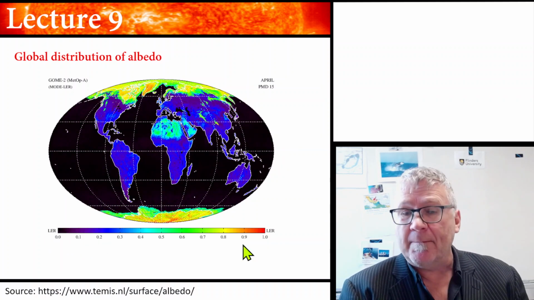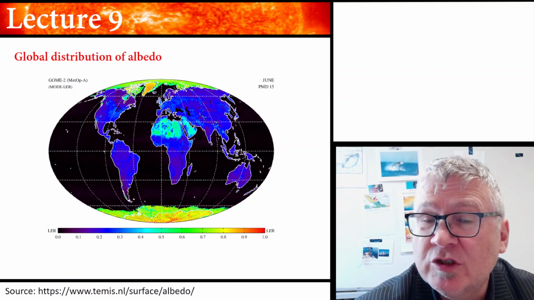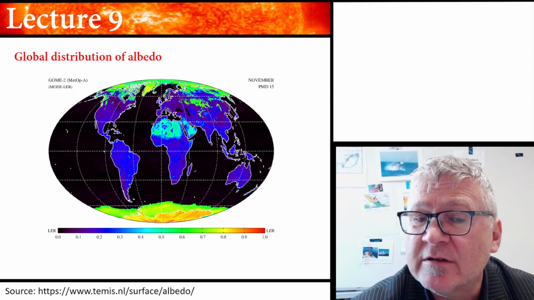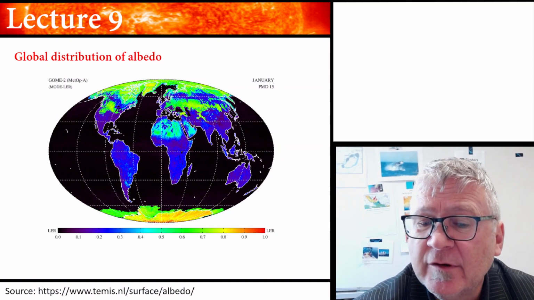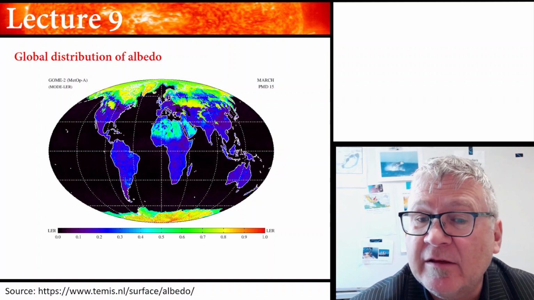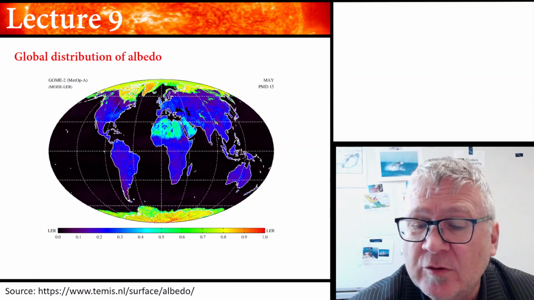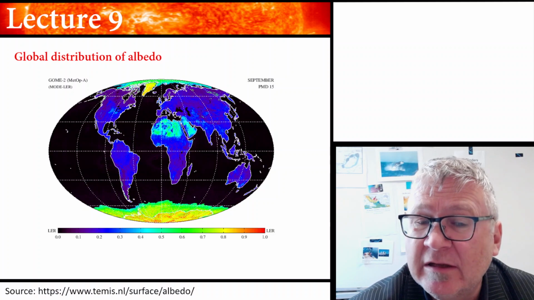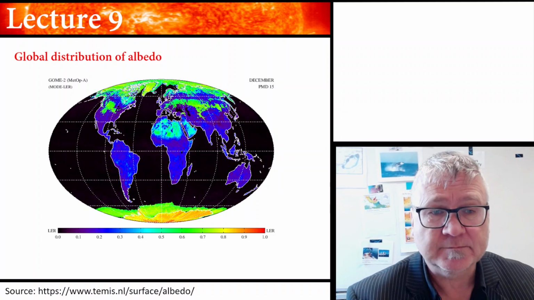You know that the oceans cover around three quarters of the surface. So you would expect, if you work out an average albedo, that it turns out to be relatively low.